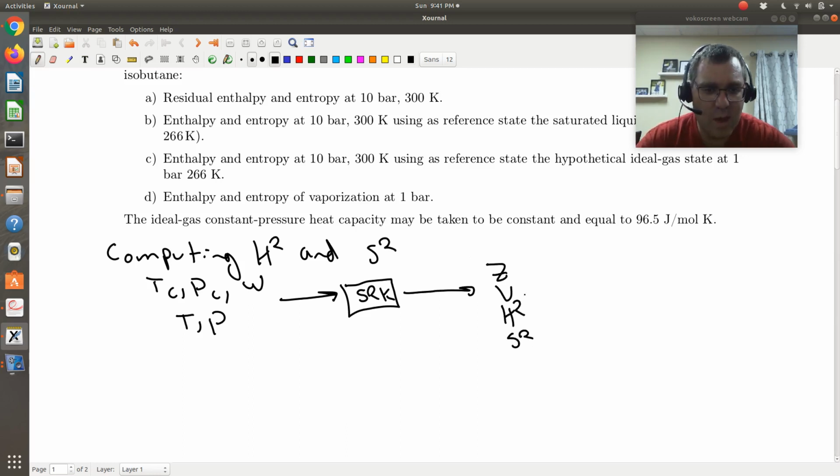Okay, so Z and V are required to be calculated first before you can calculate HR and SR. But you can also use those to identify which HR and SR to use if you obtain more than one real root. Or you remember, say that the enthalpy of your vapor phase is going to be larger than that of the liquid, so your smallest residual enthalpy will be that of the liquid.